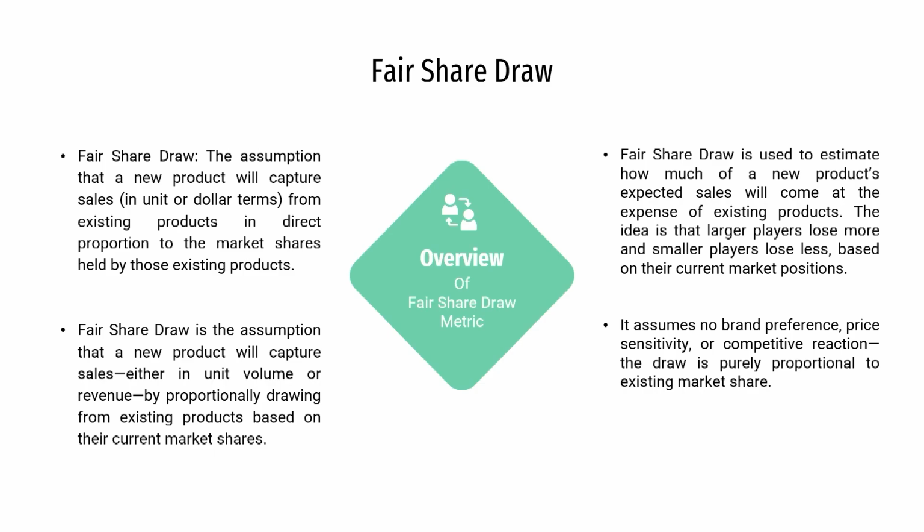In reality, that is not going to happen; factors such as brand preferences, price discounts and the competitive landscape are going to play a role. But for the sake of understanding, we will keep all these things constant. The draw is purely proportional to the existing market share. So this is the basic overview of fair share draw as a metric.